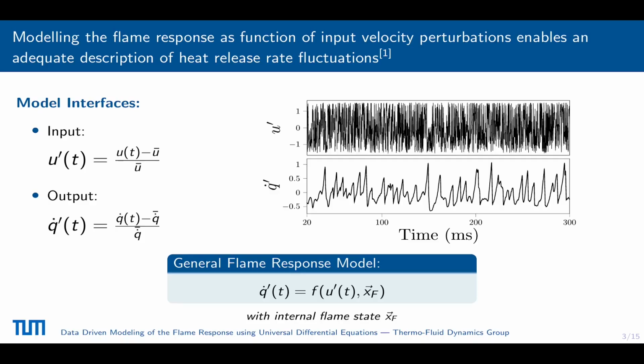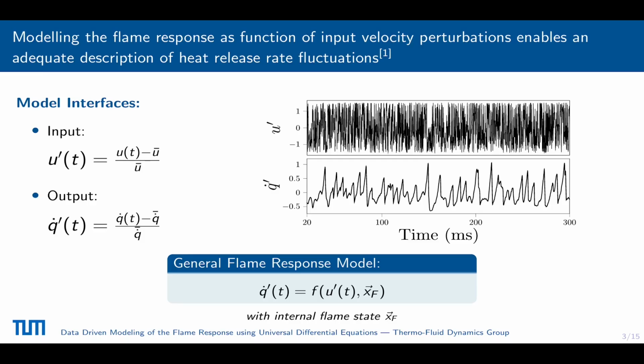This is just there to emphasize that the flame is a very dynamical system, and as such, its next output will not only depend on the current input, but also on the history of the system. If you imagine, for example, a car, your next movement will not only depend on the position of your accelerator or the brake input that you give, but also on the velocity and the acceleration that you have right now. And this is what we try to emphasize here. The flame is a very dynamical system.